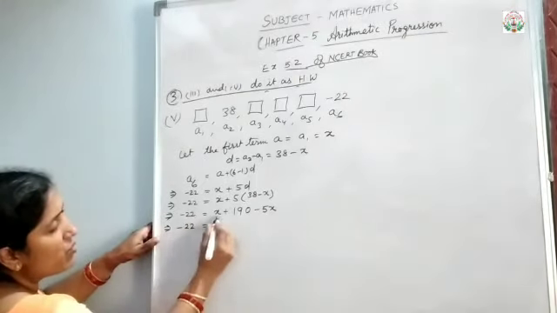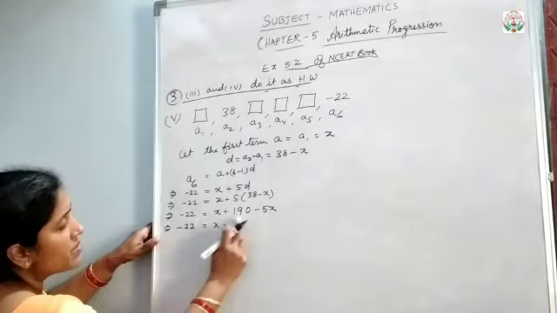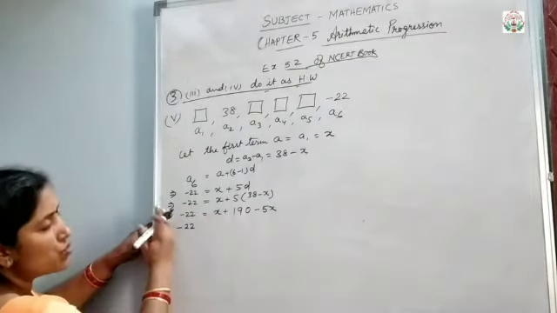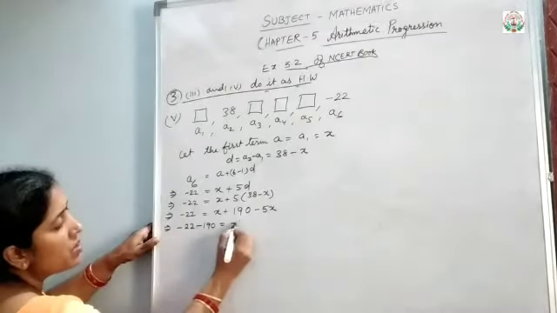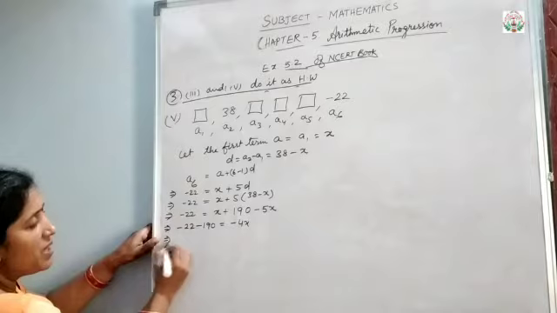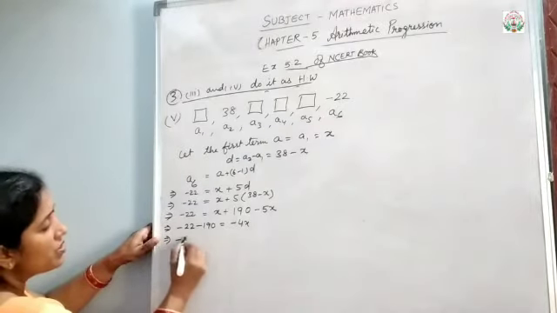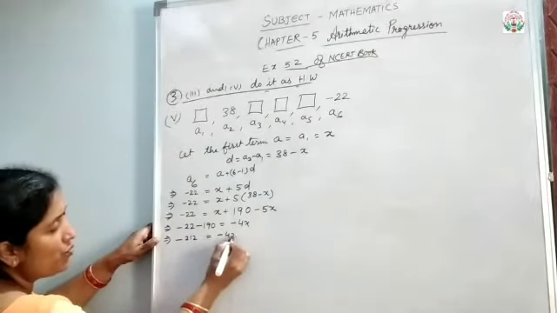Bring all the constants to one side: 190 plus 22 equals, here it will be X minus 5X, which is minus 4X. So 212 equals minus 4X.